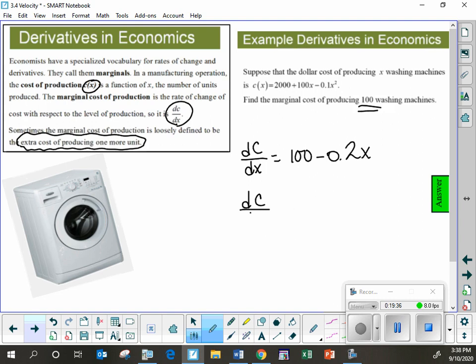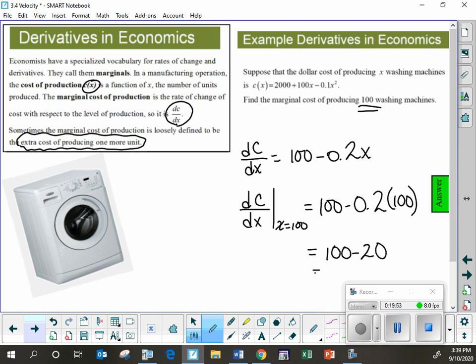So this marginal cost of producing one more unit beyond the 100th unit could be calculated as such. Looks like it will cost us $80 additionally to make that 101st unit.